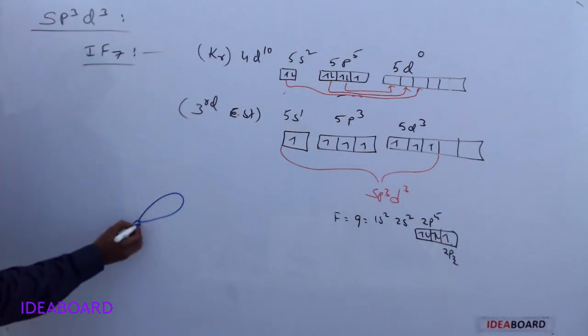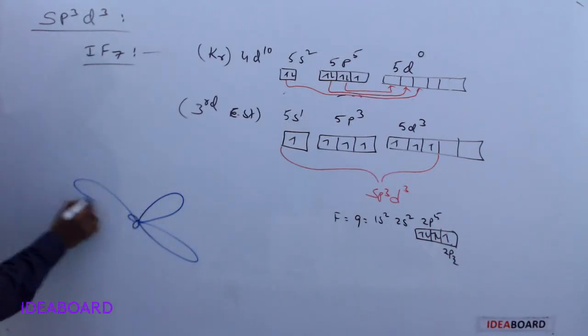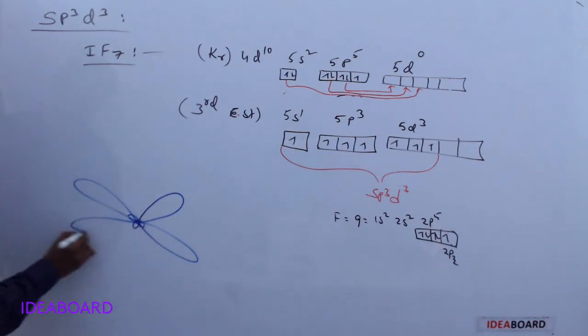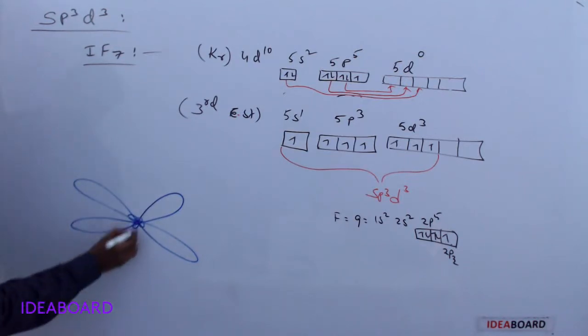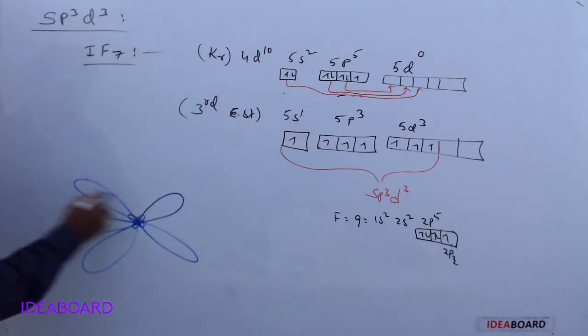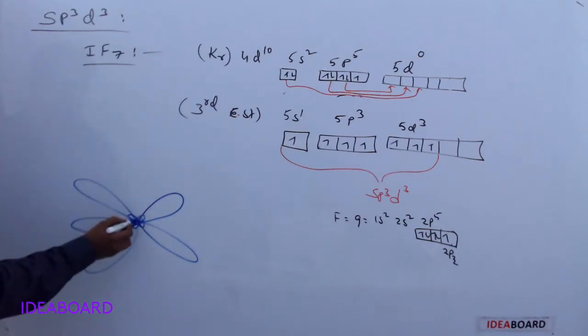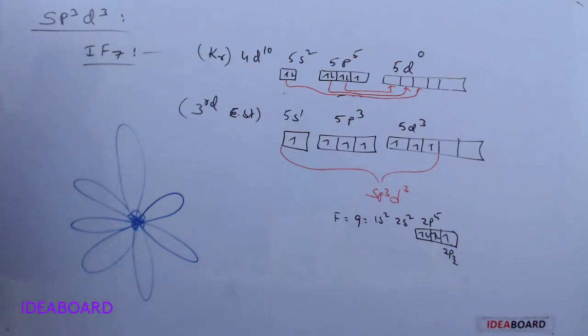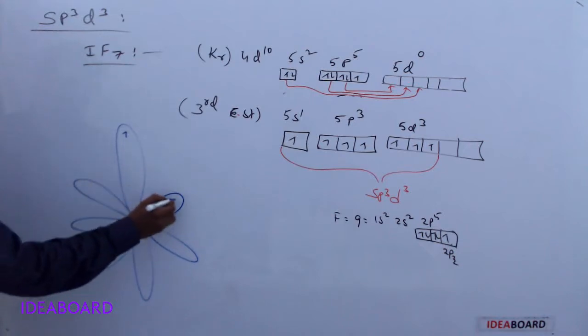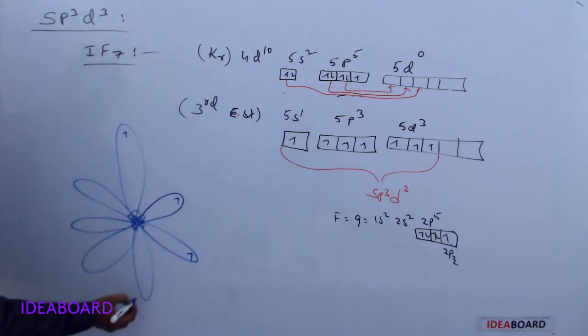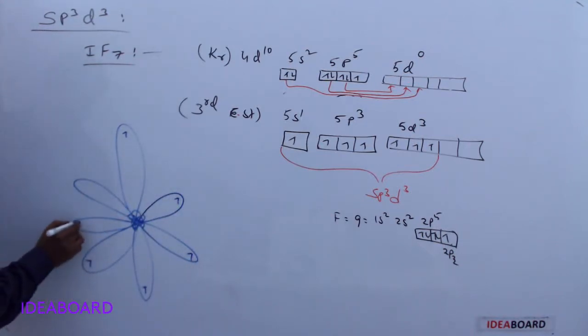This is the first hybrid orbital, second, third, fourth, and fifth. All these 5 are in the same plane, and one is above the plane and one is below the plane. Each hybrid orbital has one electron.